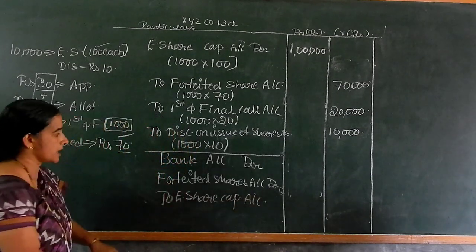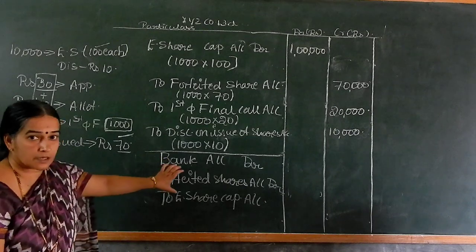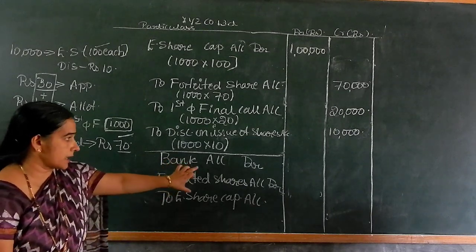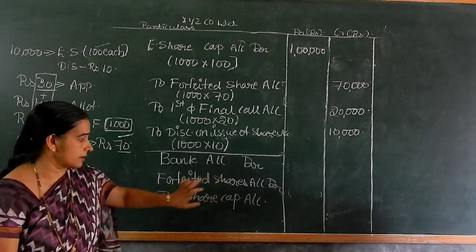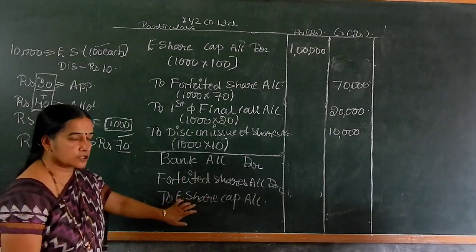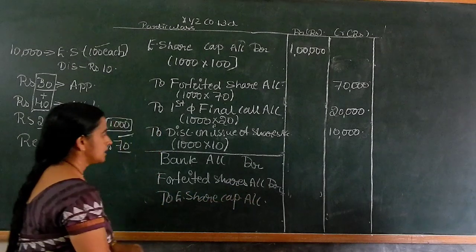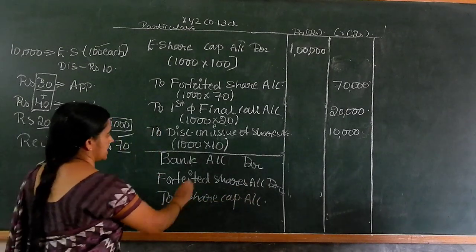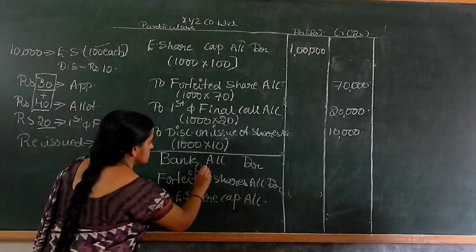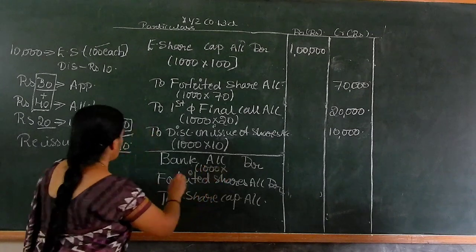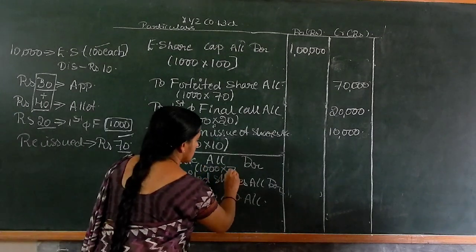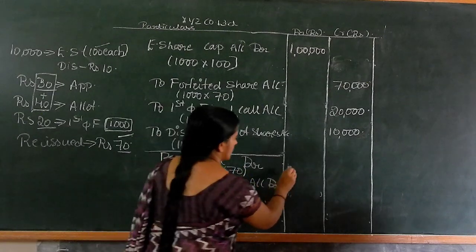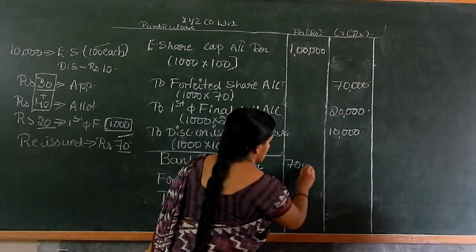So in this entry, two accounts are debited, that is bank account debtor, forfeited shares account debtor, to equity share capital account. Now how much amount will be received? That is 1000 into, what is the reissue price? The reissue price is 70. So 1000 into 70, that is 70,000.